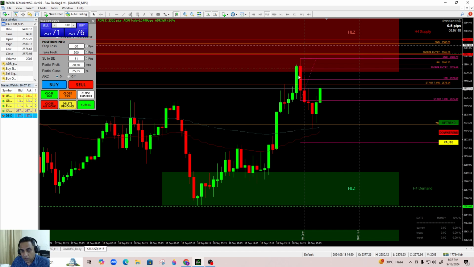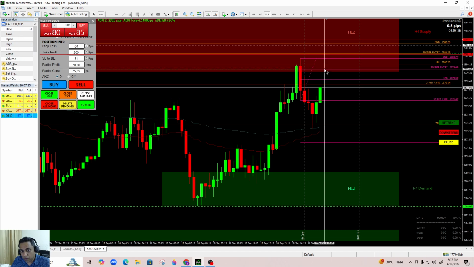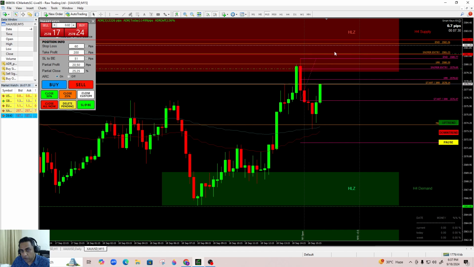So I took this candle, I drew the fib on this candle because price touched it and dropped down. And that level is quite close to, just about 15 pips away from the level that I was at, right? So I'm not sure if price will come further up.